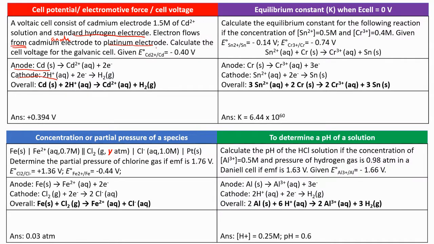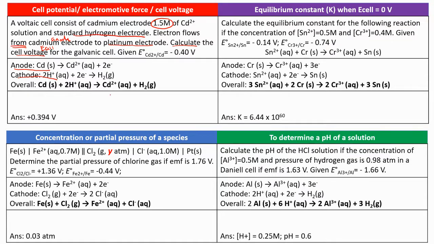Then it says to calculate the cell voltage. You can see here, this is 1.5 molar. It is not at standard condition, 1 molar. So the cell voltage that we are calculating will be E cell.